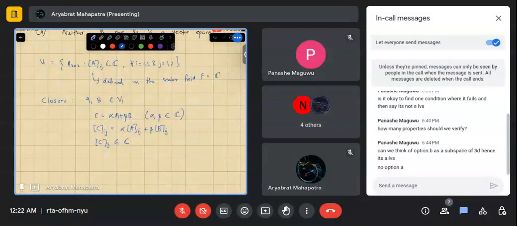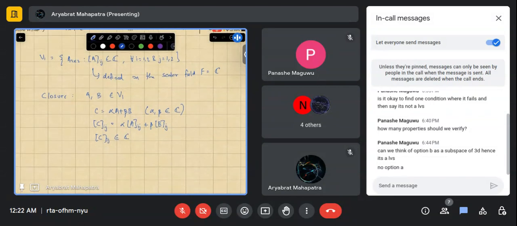So it satisfies the closure condition, and then you can also check for identity.